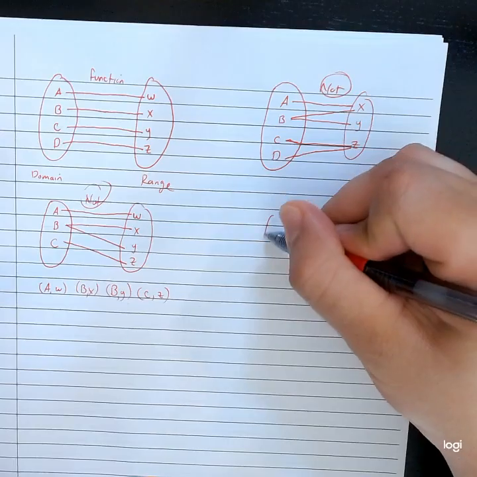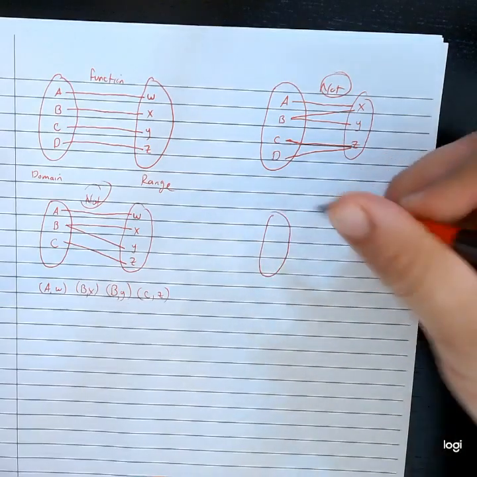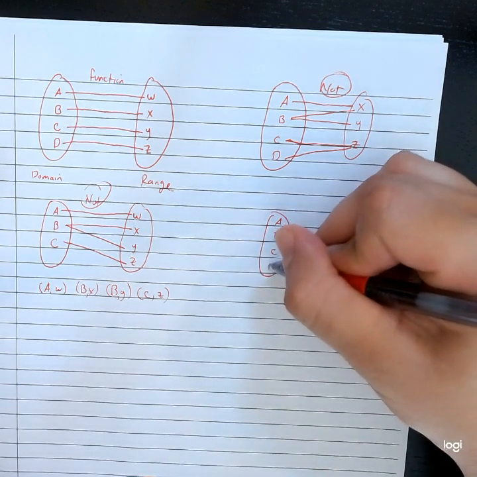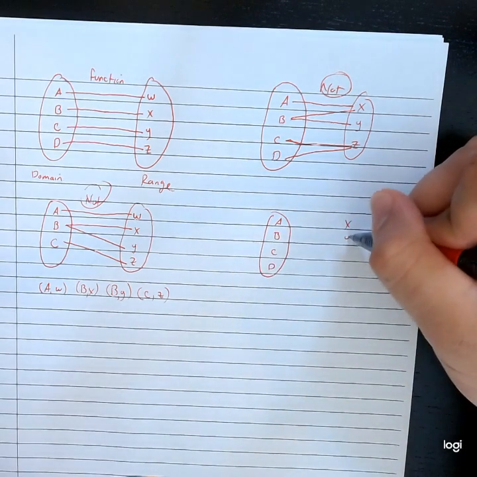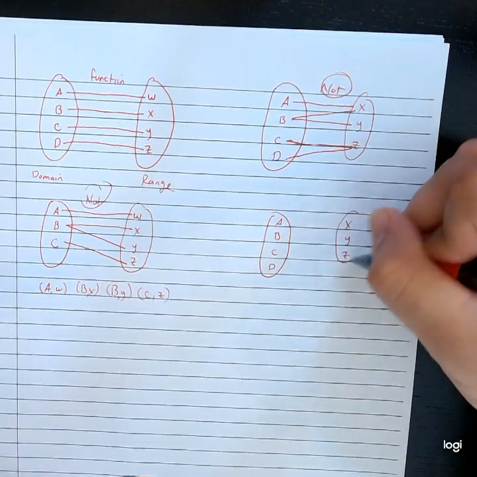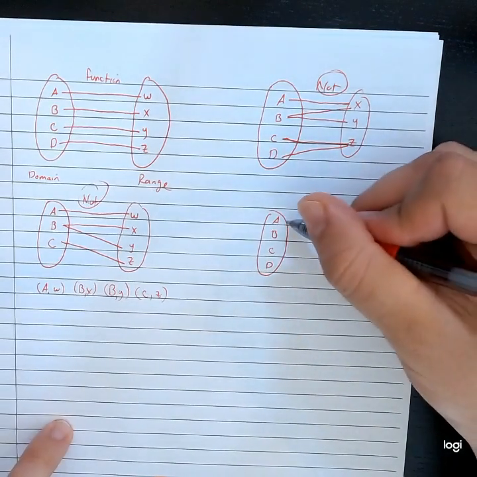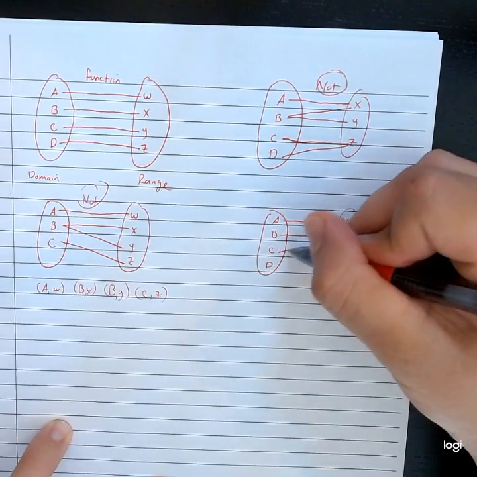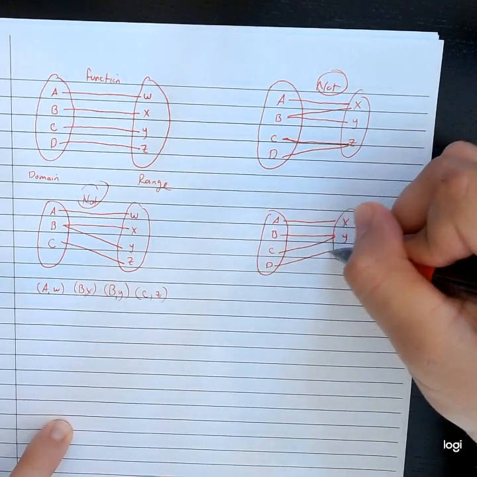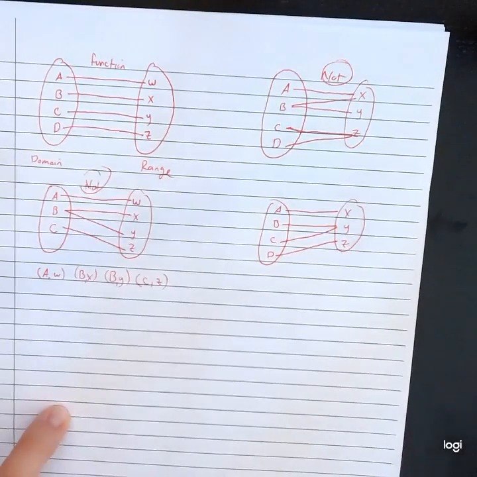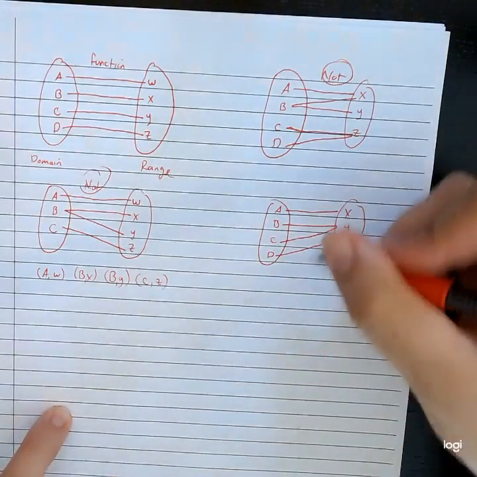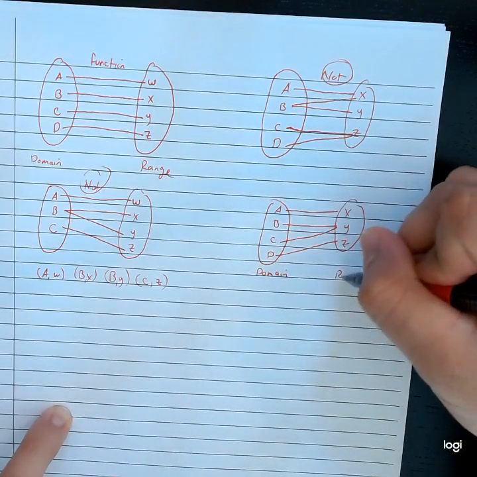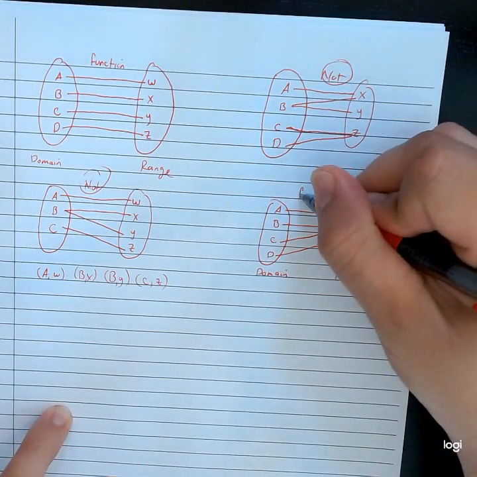Well, consider an illustration that looks like this. Let's say we had A, B, C, D, X, Y, Z. Okay? So now, let's say I had these sets of pairs. Now, is that a function? The answer is yes, this is a function. It would have this as its domain, and it would have this as its range, and this is in fact the function.